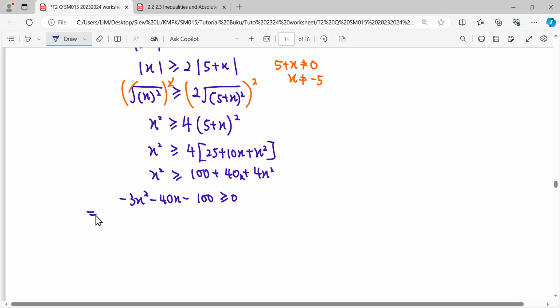And we notice we have a negative quadratic, so we divide it by negative, changing it back to positive. So when we divide by negative, remember to change the symbol. Then we do our factorization and graph.